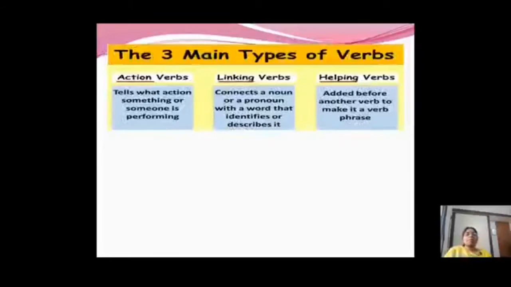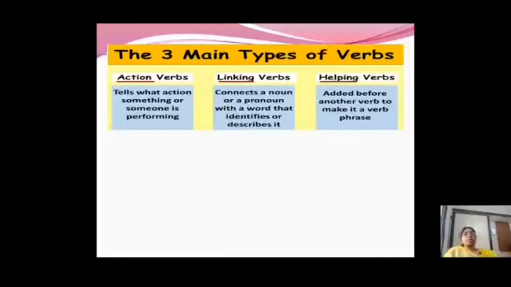Next, the main 3 types of verbs that you have studied before: action verbs, linking verbs and helping verbs. Action verbs tell what action something or someone is performing.